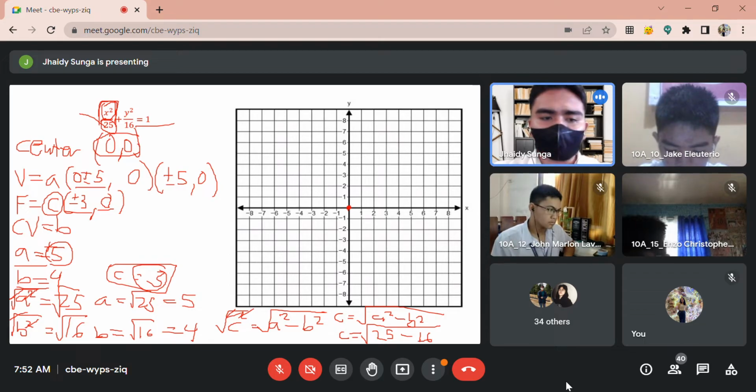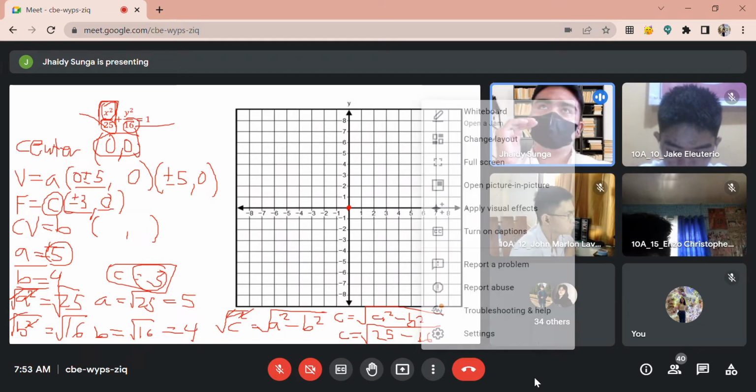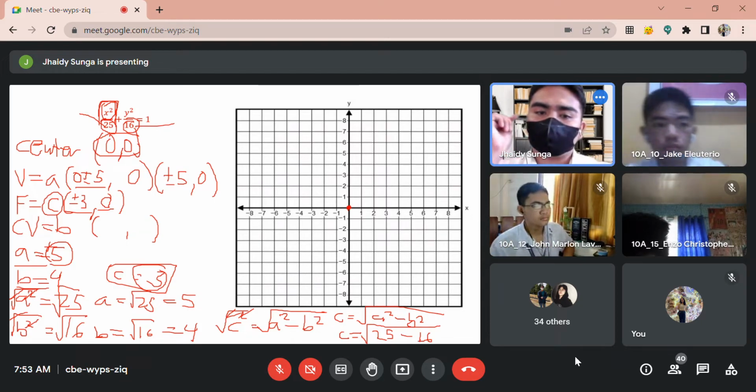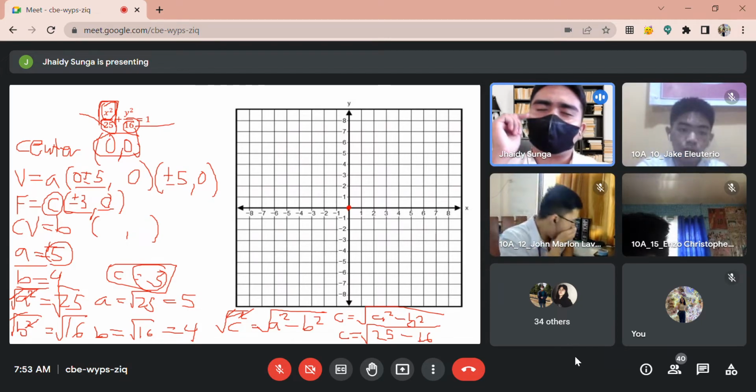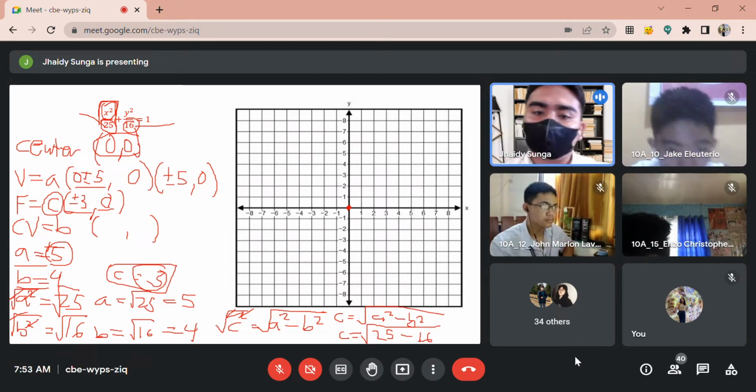How about B? B are the co-vertices, we call it, no? If we say B, that is our minor axis, our conjugate axis, not the principal axis. By definition, the minor axis is a line perpendicular to the major axis.